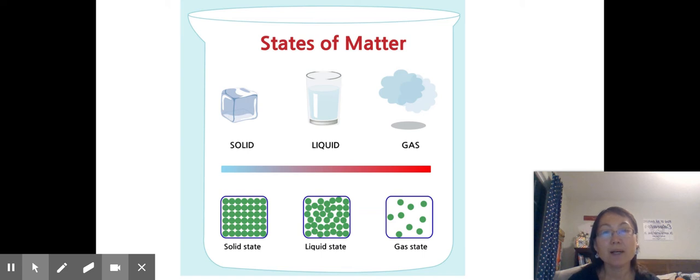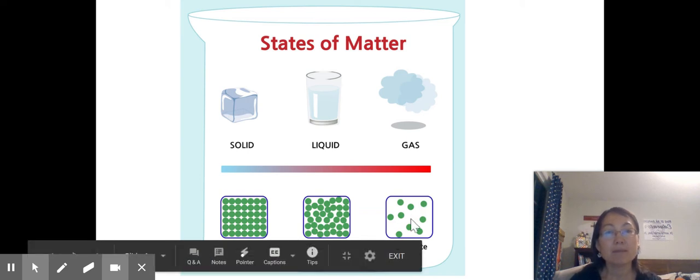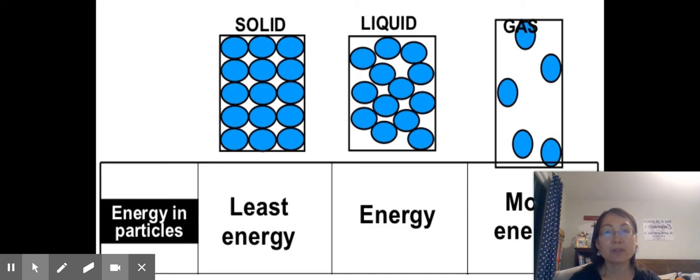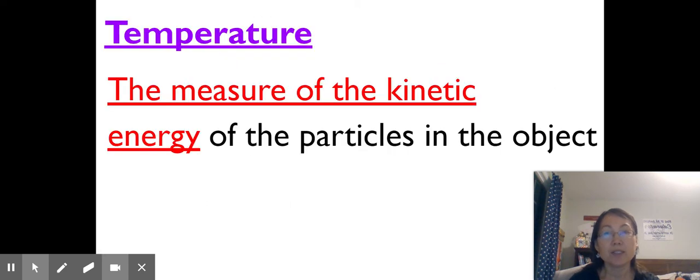If we keep on heating it up, it will receive more energy and eventually become a gas. In the gas state, the molecules are moving around very fast, so it has the highest kinetic energy. To summarize, solid has the least energy, liquid has more, and gas has the most.